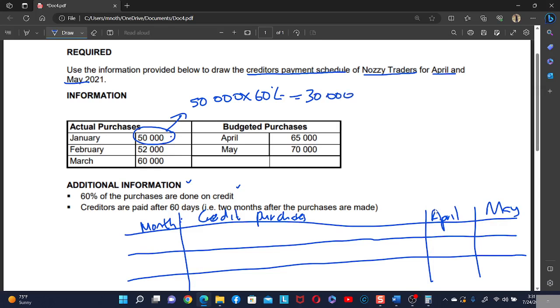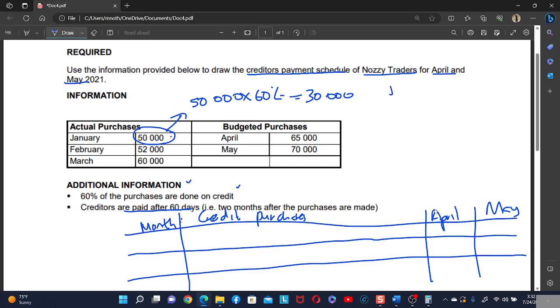And then they are saying creditors are paid after 60 days. What they are saying is after the business has made the purchases on credit, the business then pays its creditors 2 months after the purchase. This means that the purchases on credit that were bought in January, they will be paid in which month?